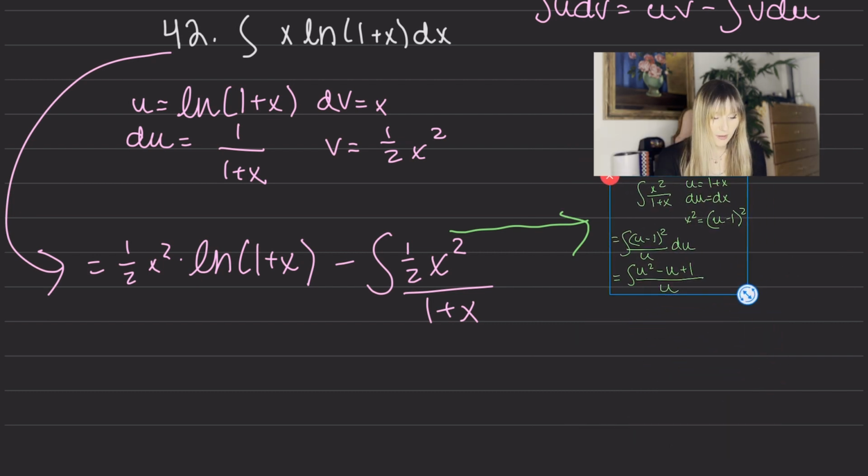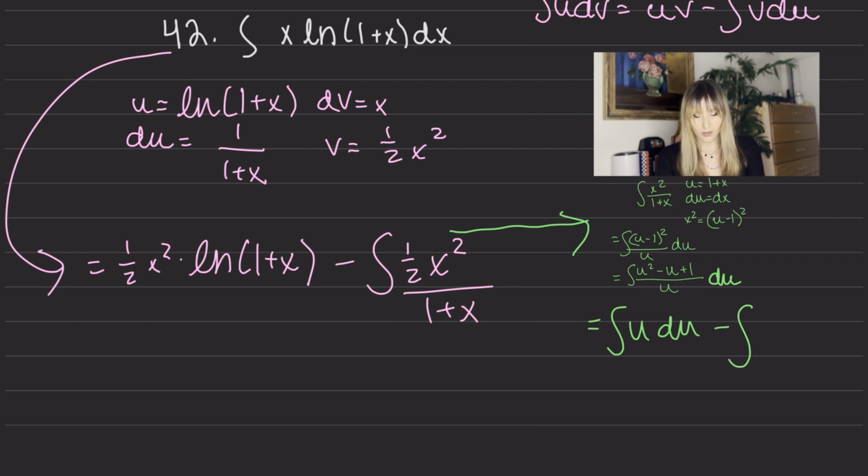So I'm going to separate all of them. We get u, du, obviously, this du should be there. And then we get minus u over u is going to be 1 du plus 1 over u du. We're going to forget about the plus c's right now, but just know that at the end it's going to be plus c.